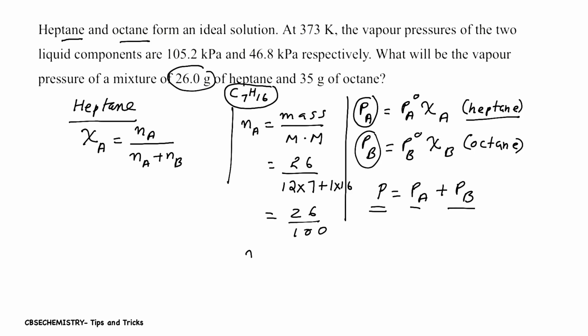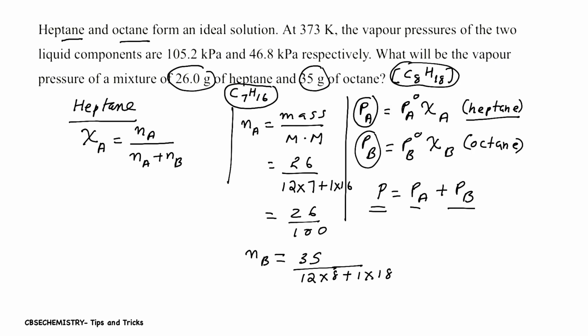Now how to find number of moles of octane? Same pattern, mass by molar mass. What is the mass given in the question? 35. So 35. How to find molar mass? Octane means C8H18. So carbon atomic mass is 12. 12 into 8 plus 1 into 18. Right? Hydrogen atomic mass is 1. 18 hydrogen is there.